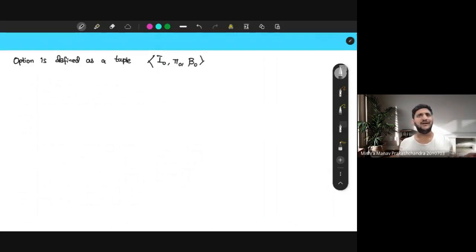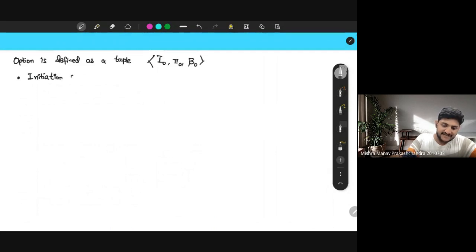For performing a macro action, one needs to define the start state, where the action would start from. What constitutes a macro action? That definition needs to be clear. So the first thing is the initiation set I_o, where o corresponds to the option o.